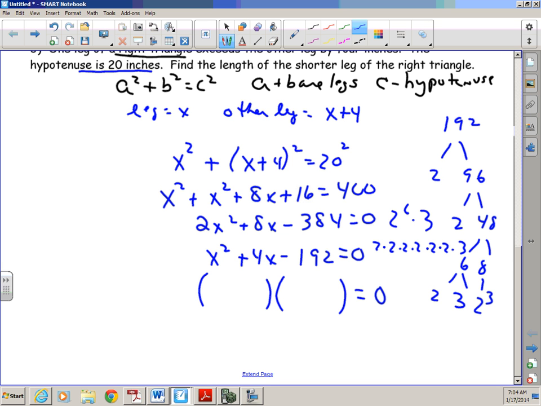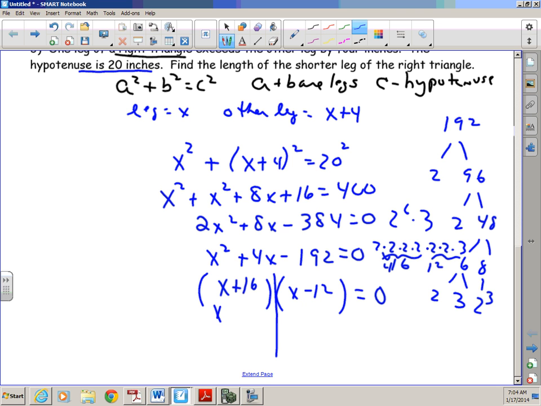Well, the numbers can't be that far apart because they have to come back to 4. One is a positive and one is a negative. Okay? So in other words, it can't be 4 times 48, because that's too far of a difference. So maybe I bunch some of these up and get 16 and bunch those up and get 12, and actually that's what it ends up working out to be.